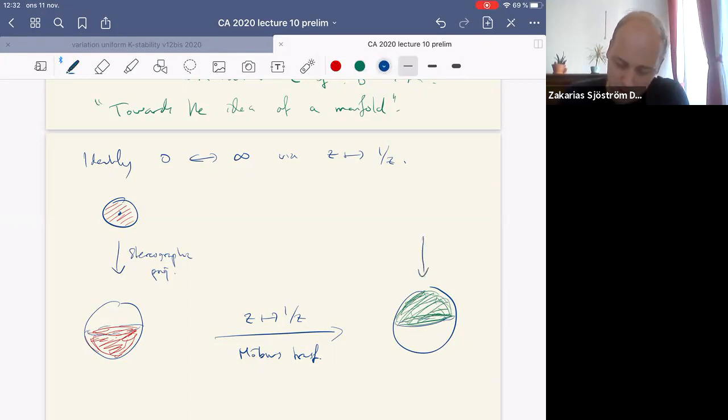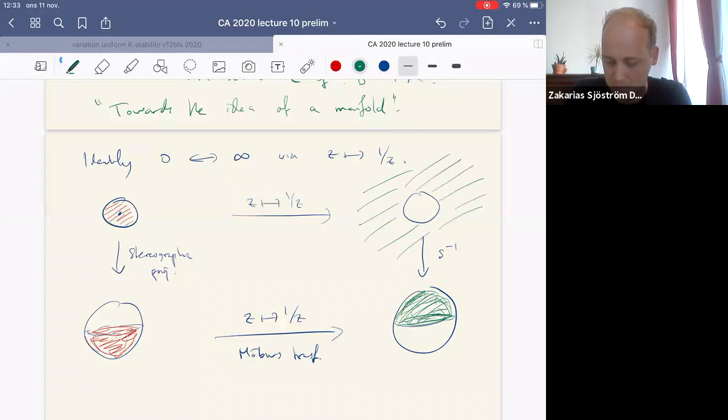And then if I go back with the inverse of stereographic projection, then it means that the circle is mapped to the circle under this map, z goes to 1 over z. But then the interior is mapped to the exterior, going out to infinity.